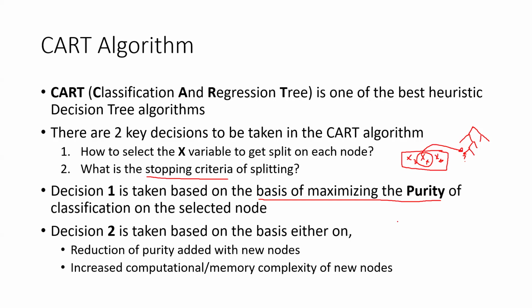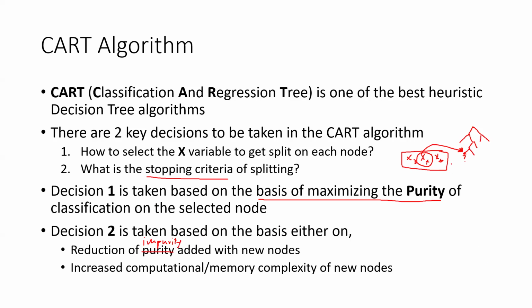That means when you add a certain new variable into the decision tree, you have to check how much reduction of impurity there is. Sorry, this is about reduction of impurity, right? This is impurity. How much impurity is reduced, or how much purity is added when you add a new node into the tree, right?